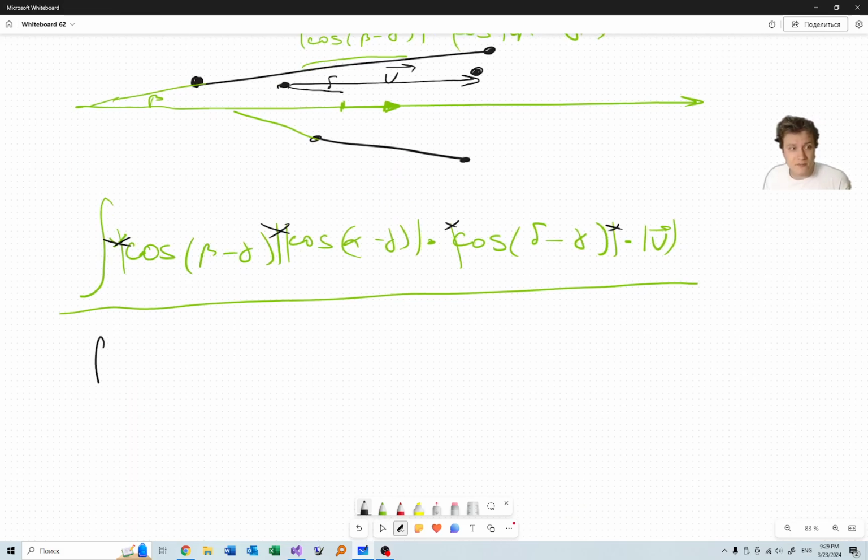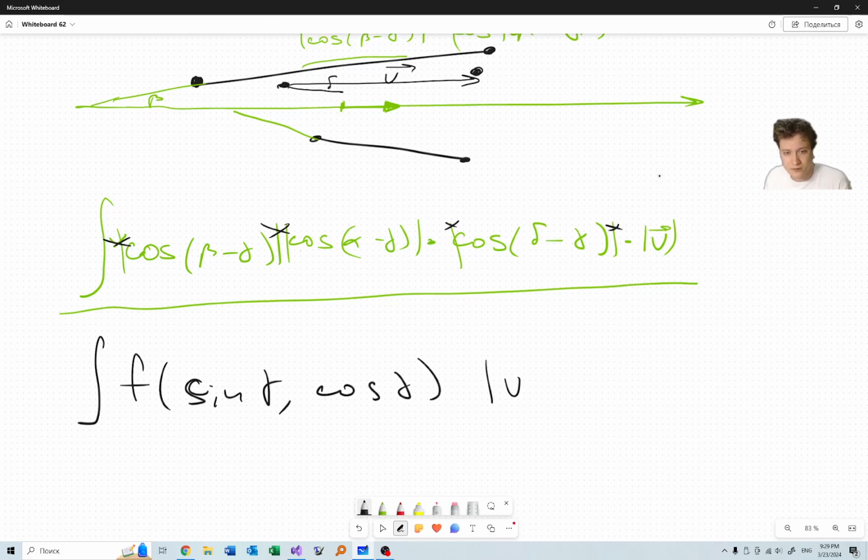Actually, it seems like this is just some polynomial of sine gamma and cosine gamma. It is a cubic polynomial. So we need to integrate all possible cubic polynomials of sine gamma, cosine gamma. This is not good. But we've been in worse places.